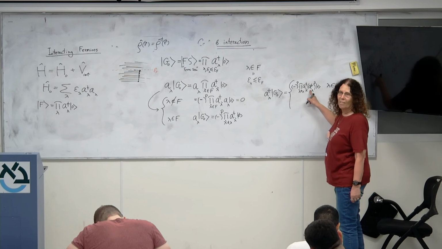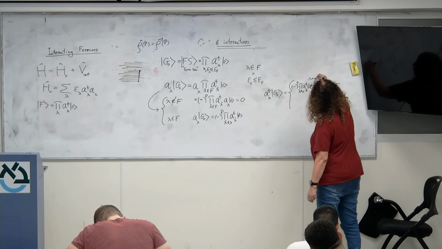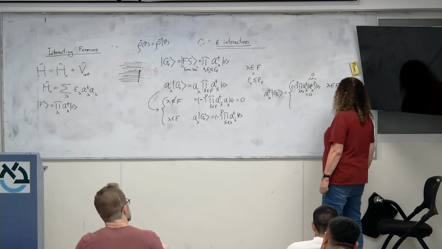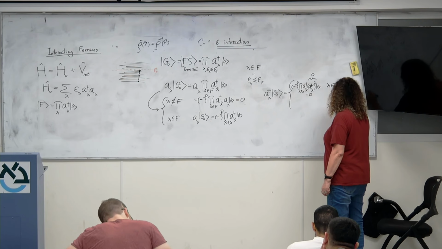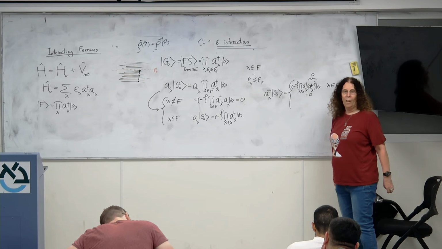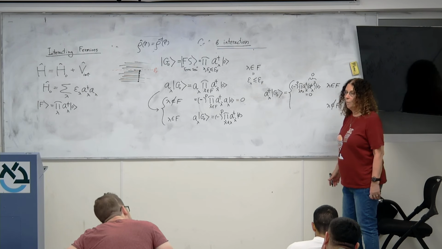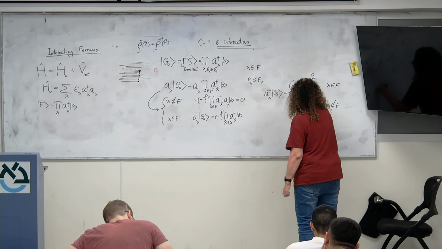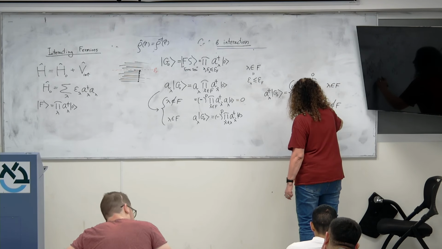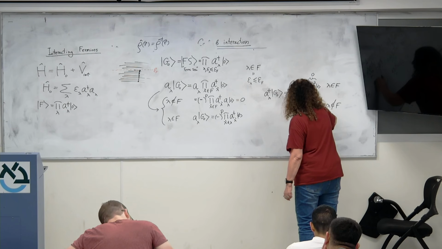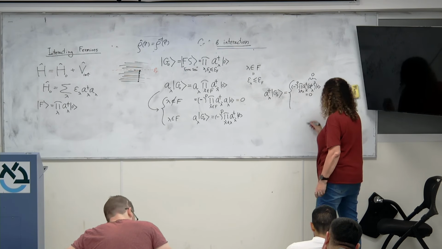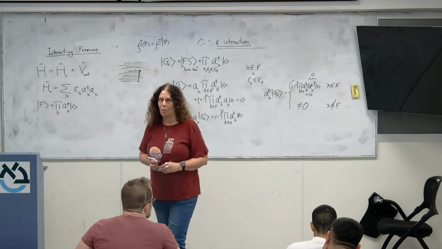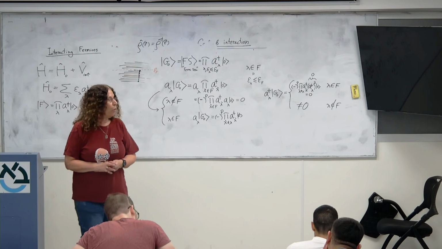But this is 0, so then I get 0. On the other hand, if lambda is not in F, I just create one more particle, and it's something non-zero. That's what was important. It adds a particle to an empty state.